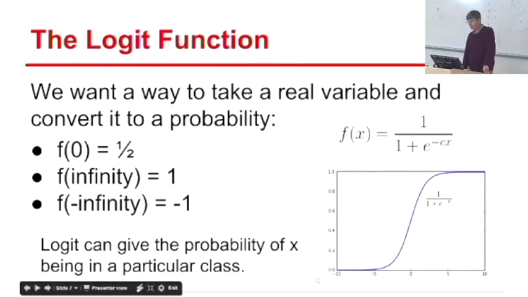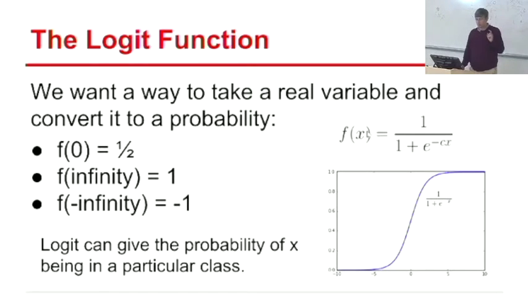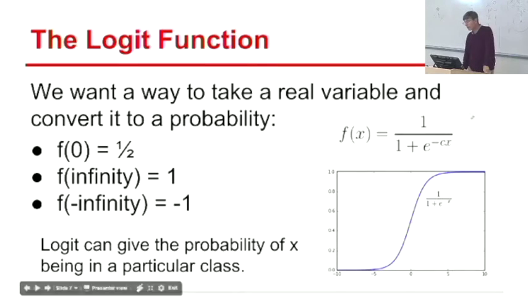For a negative element, the probability of it being in that class will be close to 0, right? So the claim would be that a Logit function interpreting the result as the probability of being in a class gives us something that we kind of like. It has the properties that we would like. For any value x, it's going to return the probability of it being in that class. Any questions about that?